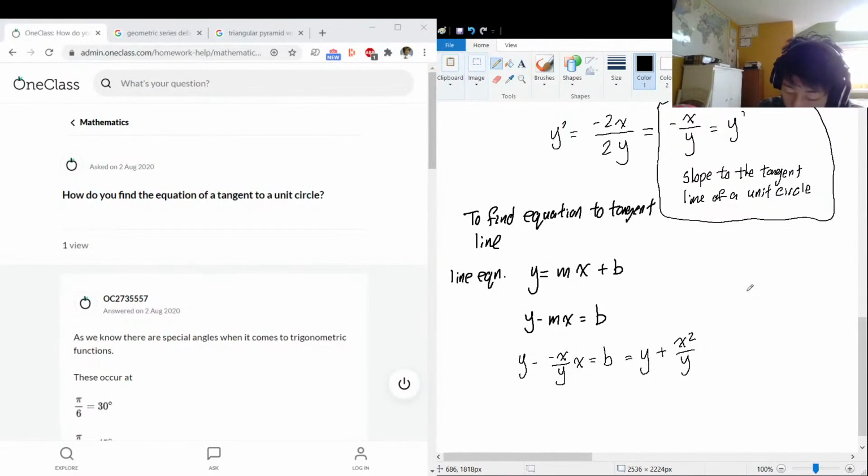Okay. We should write this like y of a, x of a, to specify that this is a specific tangent line. Y of a, x of a, and this is going to be a particular point.